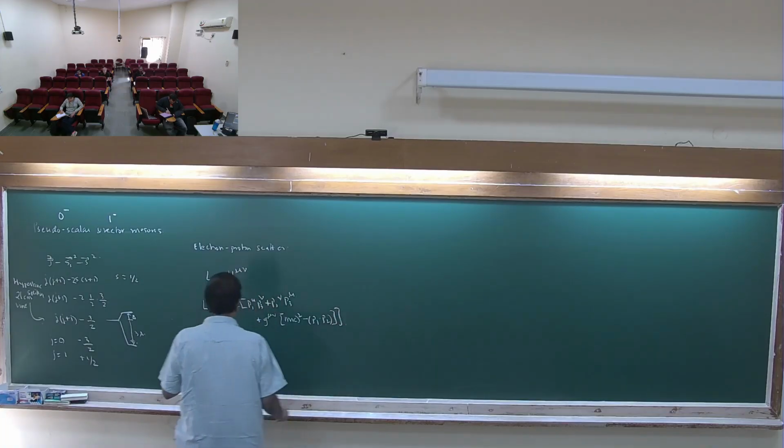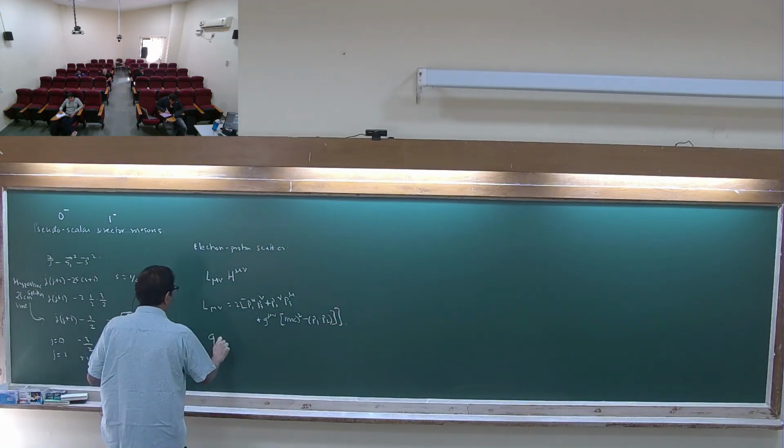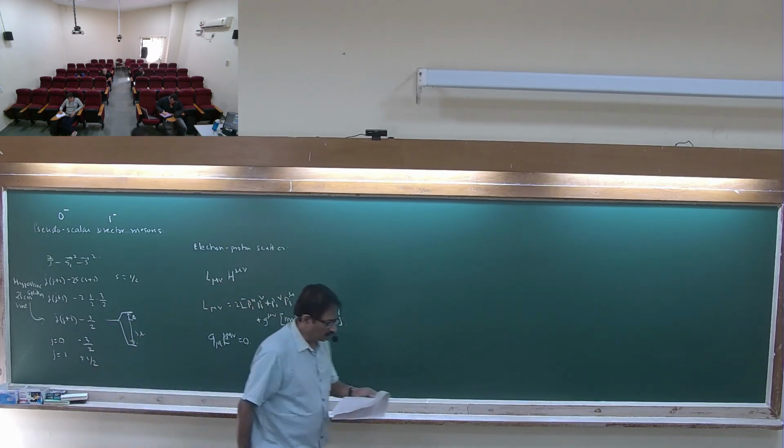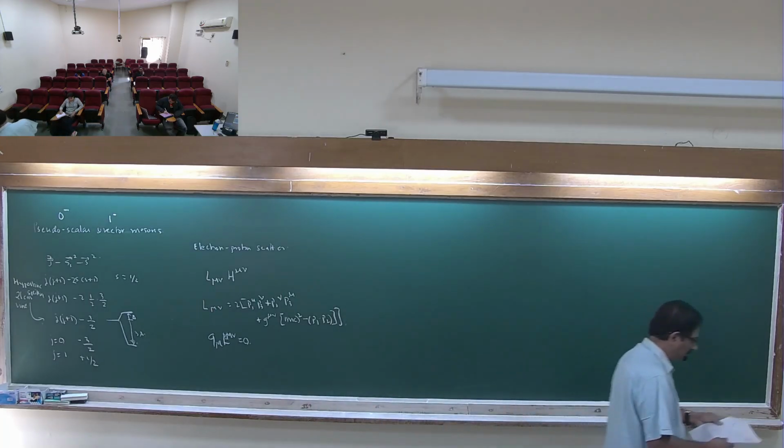So it's very straightforward, and you can trivially check that Q mu L mu nu is equal to 0, which is what young Aman was trying to help us with the other day.